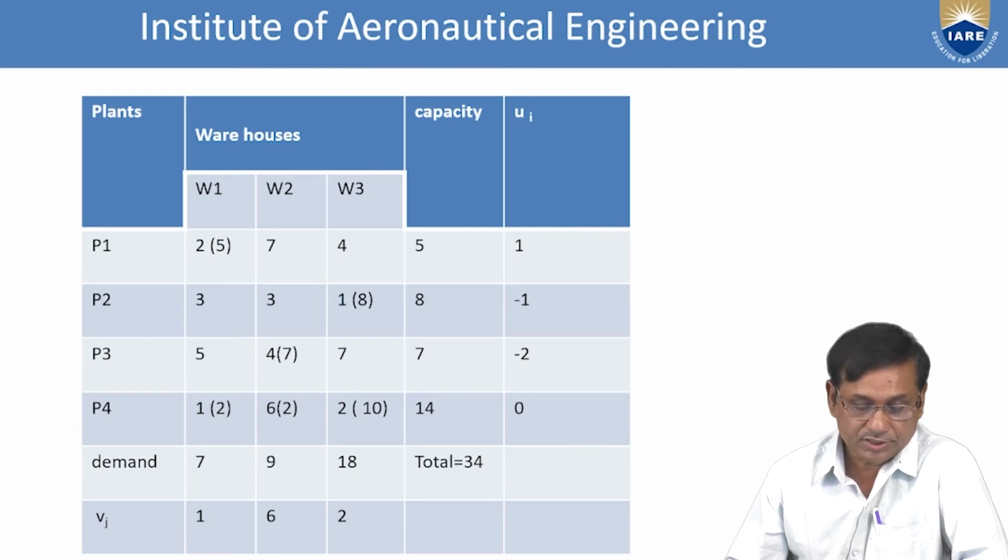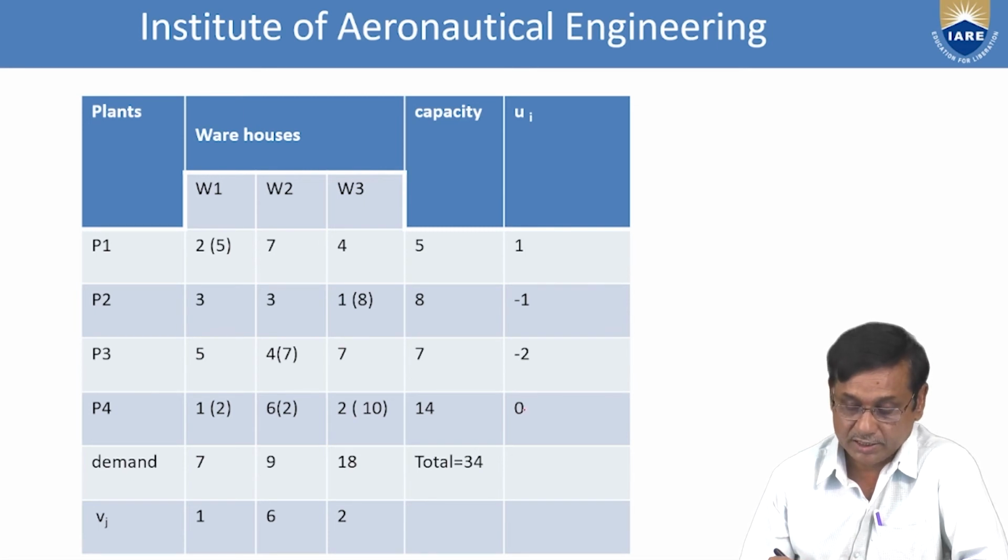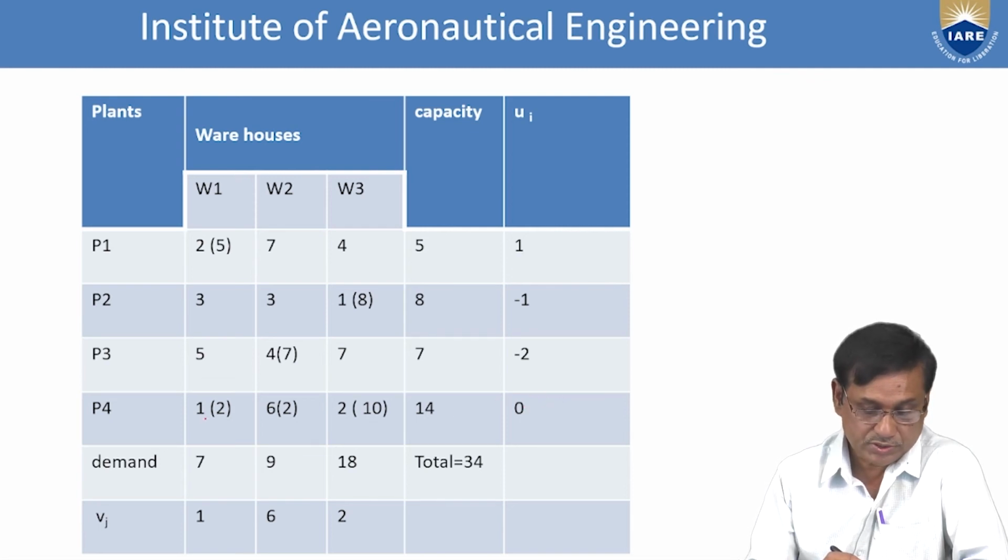So the allocation matrix is here. Now find out Ui and Vj values. So here I have written Ui, here I have written Vj. Initially I have taken Ui equal to 0 corresponding to the third row, corresponding to the fourth row, and the Vj values are calculated. Here this is 0, so this is 1.